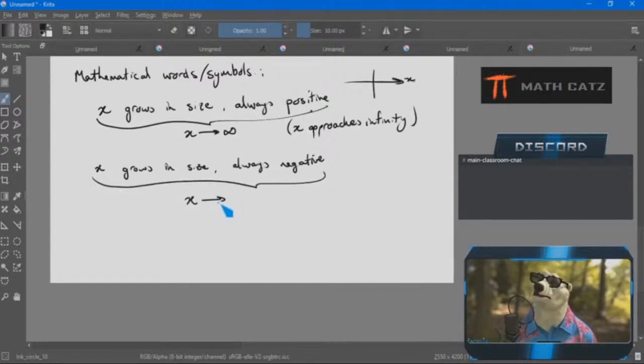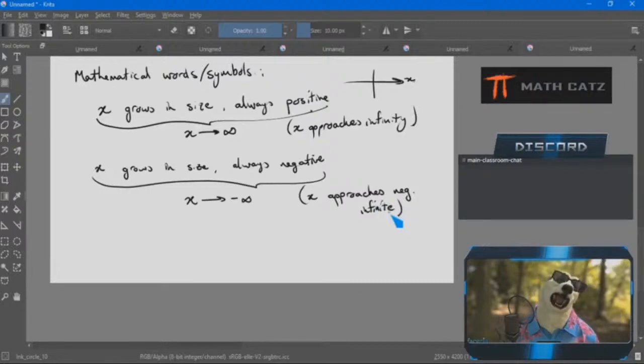It's a behavior. That's where the arrow comes in. And then negative infinity to indicate that it's going in the opposite direction. And we sometimes say, to say x approaches negative infinity.